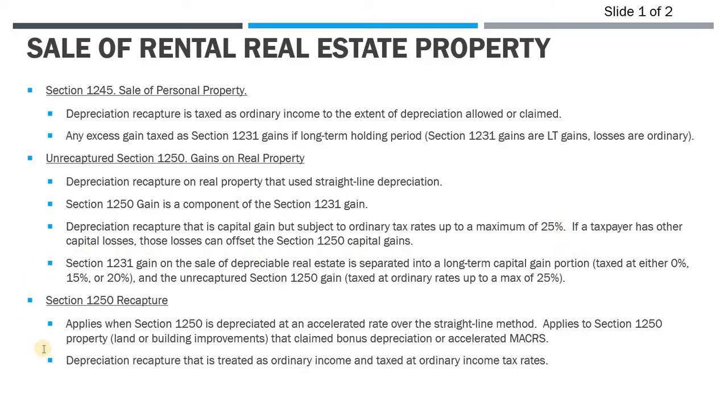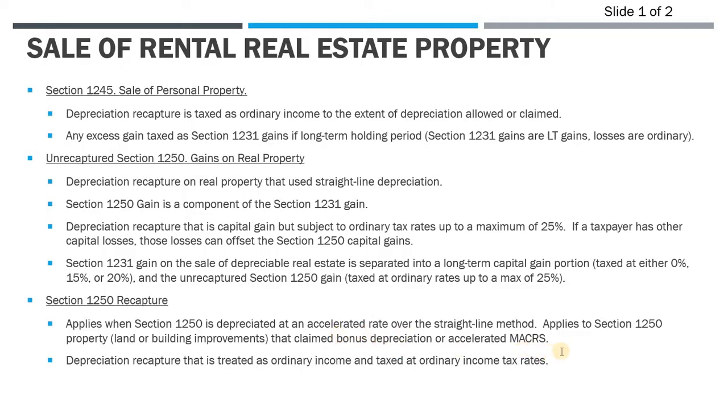All right. And then lastly, we have 1250 recapture. This applies when we have Section 1250 property that's depreciated at an accelerated rate over the straight line method. Normally we see this with land or building improvements that are, let's say, 15-year property. And so we claim the bonus depreciation or an accelerated 150 declining balance rate.